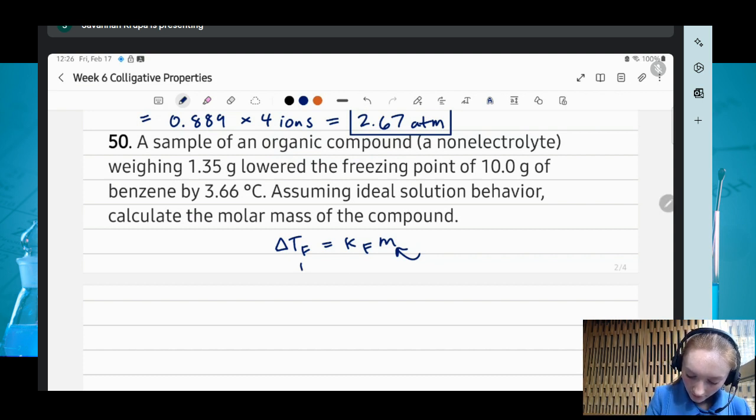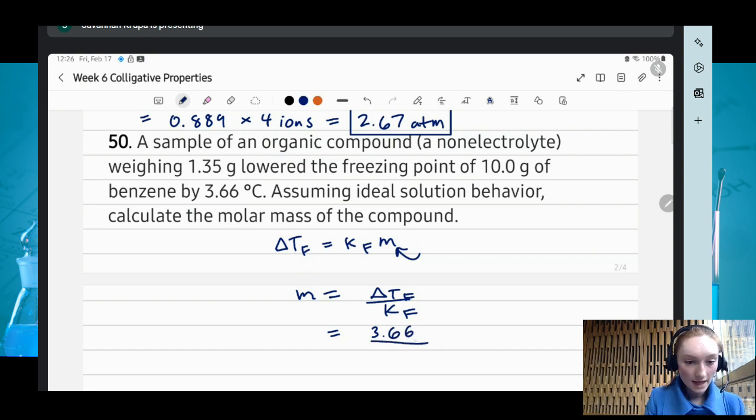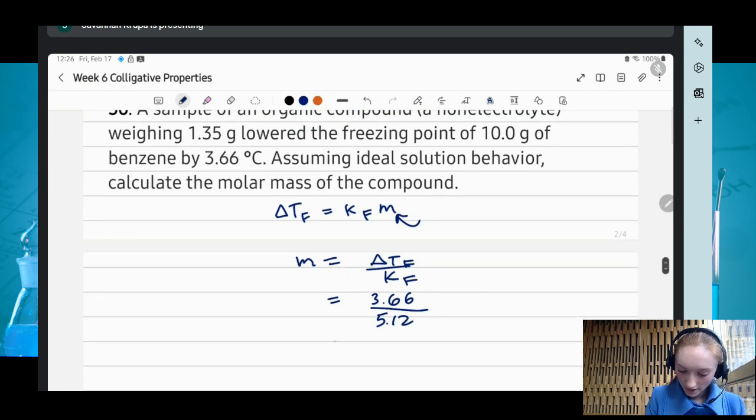So m will be equal to the change in Tf divided by Kf. The change in temperature was the 3.66, and the Kf value is going to be 5.12. And so the molality is equal to 0.71484375.